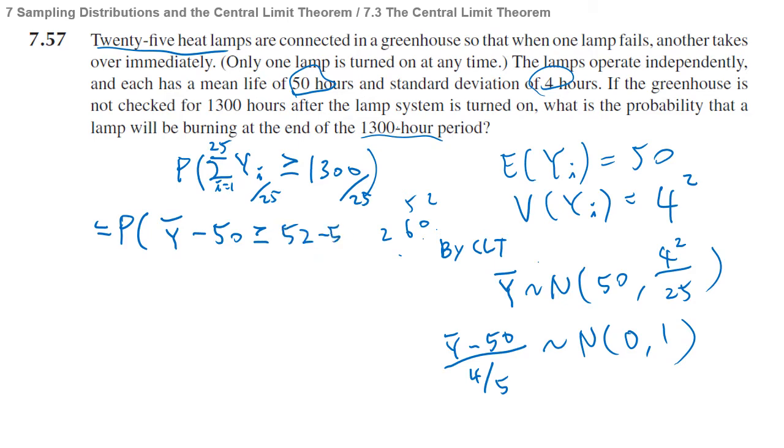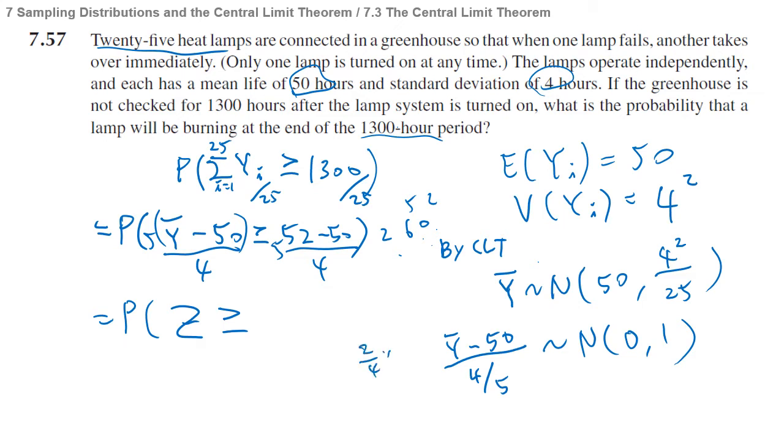So 52 minus 50, divided by 4 over 5. And that is the probability that z is greater than 2/4 times 5, which is 2.5.